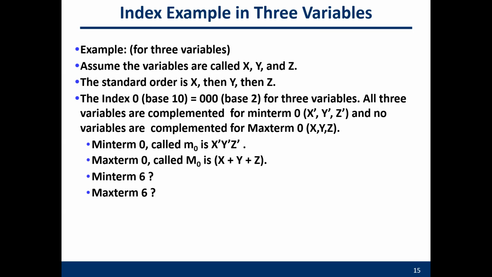Then if we convert this index to its binary form, which is 3 zeros here, for this input combination, all 3 variables are complemented for the minterm. So of course the minterm 0, the index here is a 0. Then we have x bar, y bar, and z bar.